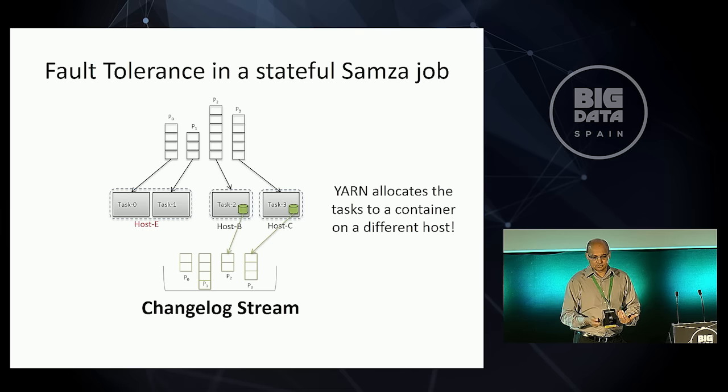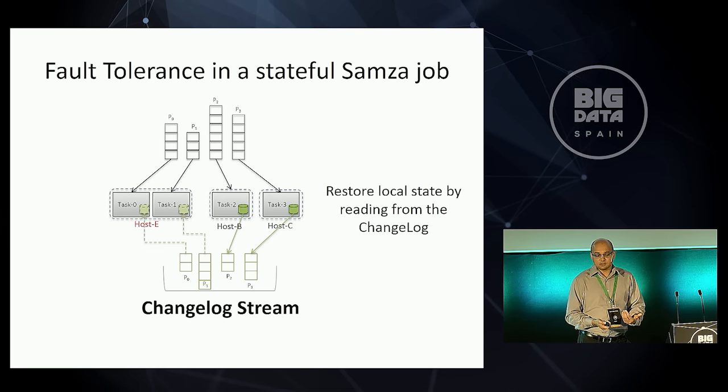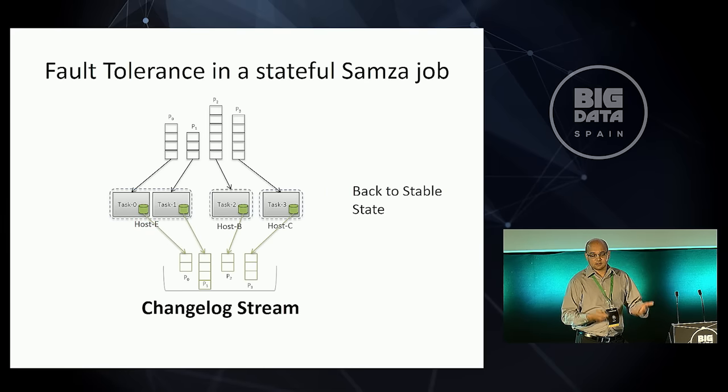Then, before you do any more processing, you have to read up the entire state from your changelog, which is your durable remote store. Once you have read it and populated your local state, then you are back in business. Now, obviously, we have to be careful about this. Reading state from a remote database or a remote topic is expensive. It can flood the network, all of those things. So you have to make sure this only happens when the machine dies, not anytime the job gets upgraded and such.